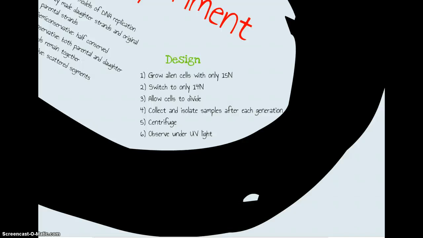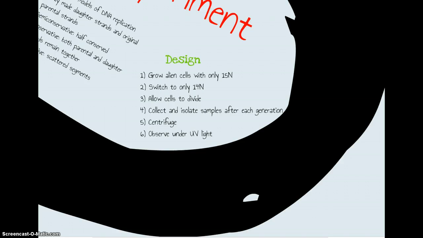Brenda already talked about this part, but I wanted to go into a little bit more detail with the 15N and the 14N. So we know that there was nitrogen that was 15, so using different radioisotopes we can tell which generation was used.